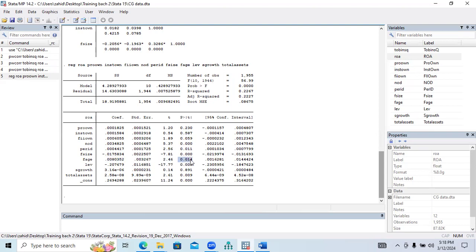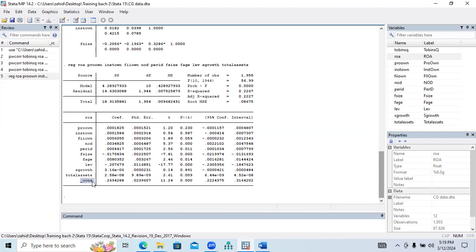We have leverage. This is negatively impacting and also highly significant. Then we have growth. It is positively impacting, but it is not significant. Total asset is positively impacting and significant with reference to the t value and p value.